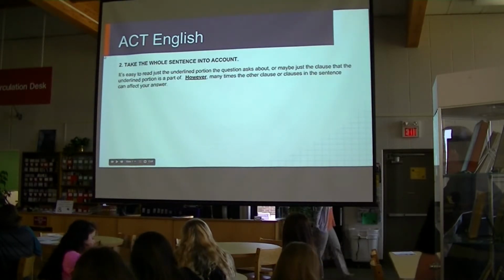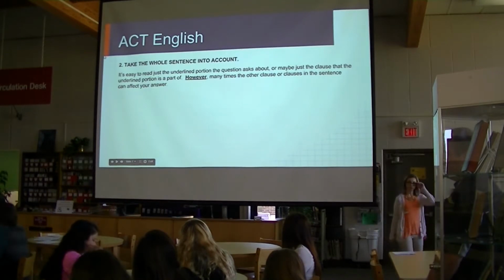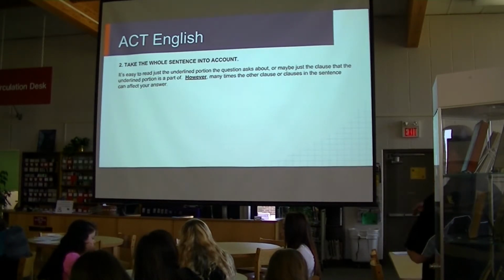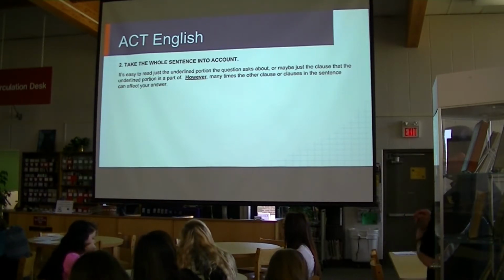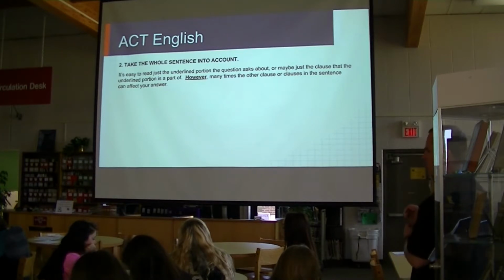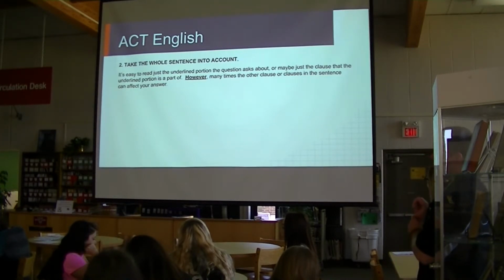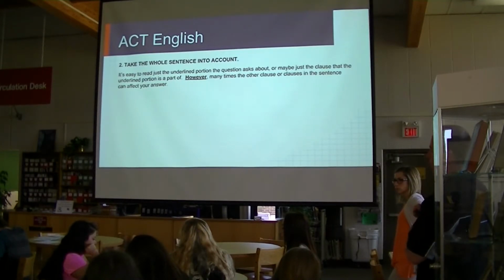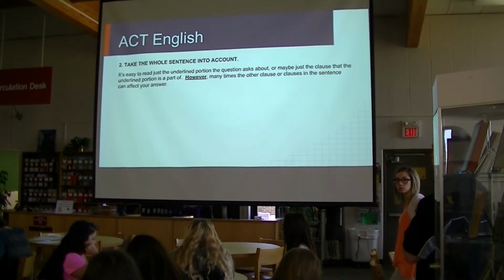Number 2, take the whole sentence into account. A lot of times, sometimes there's only 1 or 2 words underlined. However, it is good to still have the whole context of the sentence. It's easy to read just the underlined portion and think, oh, thank God, there's only 1 word underlined here, this is going to be a really easy question. Not necessarily. Make sure you read the entire sentence.